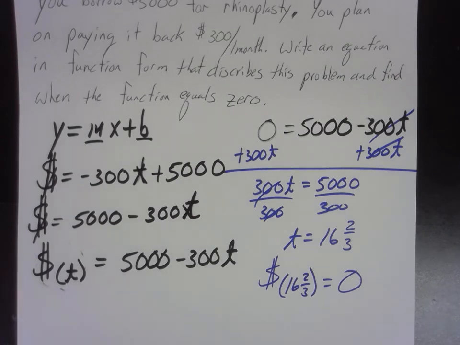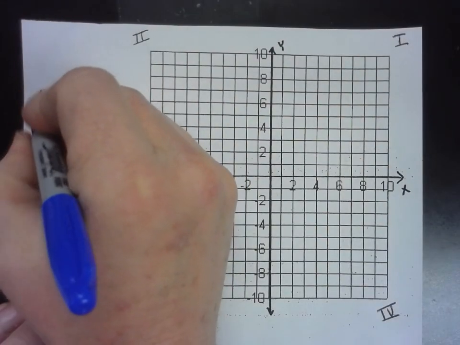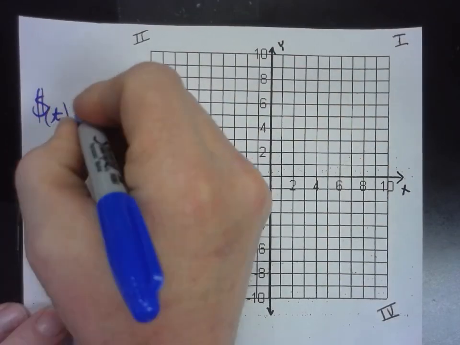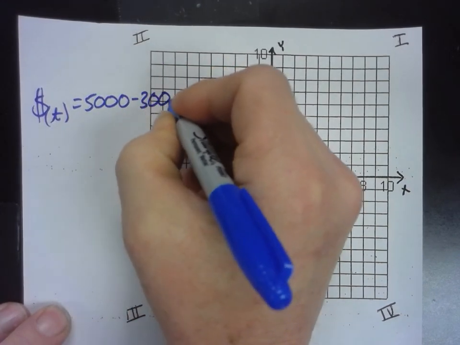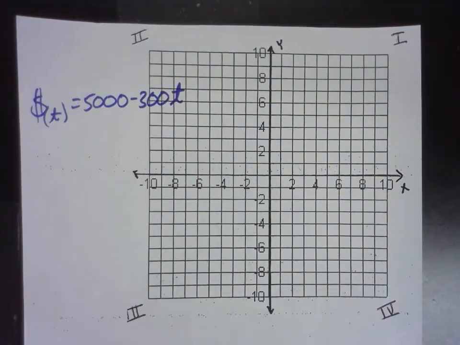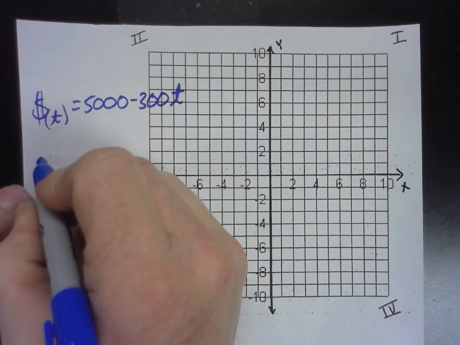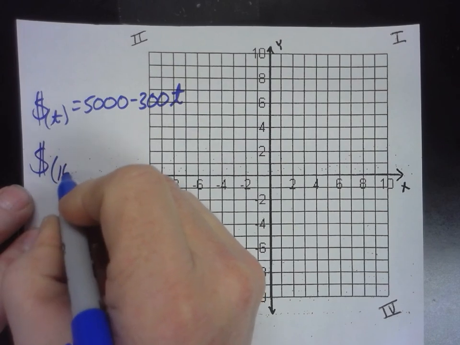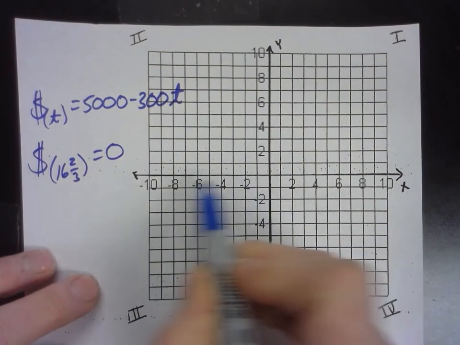So this thing doesn't seem to fit real well on this graph, does it? But we can make it fit. The x-axis, remember, 16 2/3 is where we're at 0. So we only need to go out to 16 2/3.